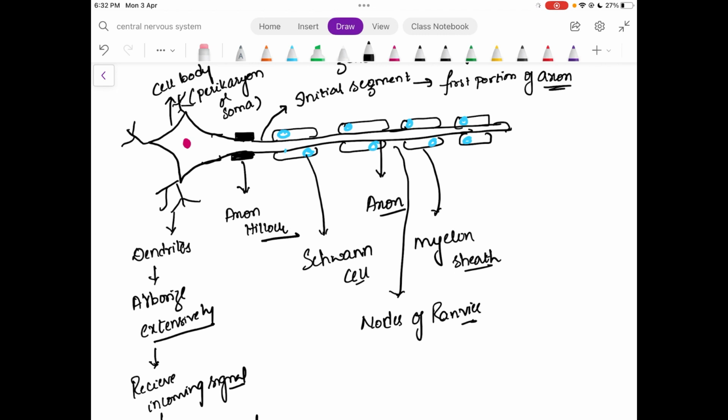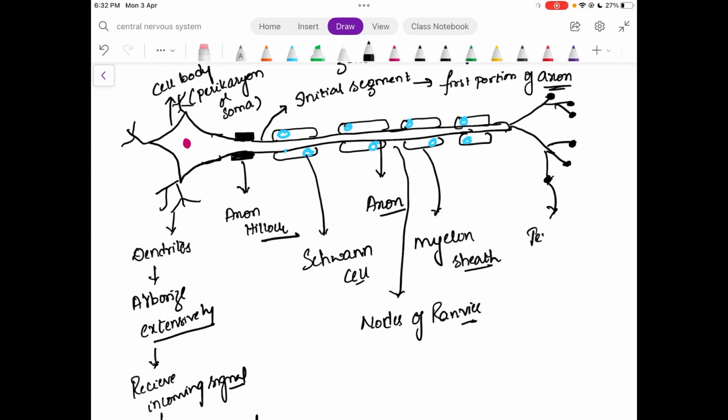At the terminal end of the axon, there is a ramification. These are called terminal buttons or boutons, knob-like structures.